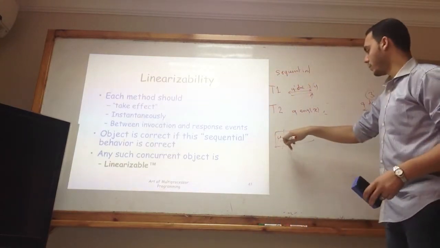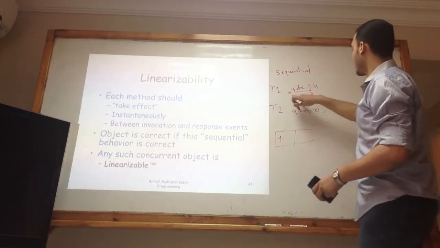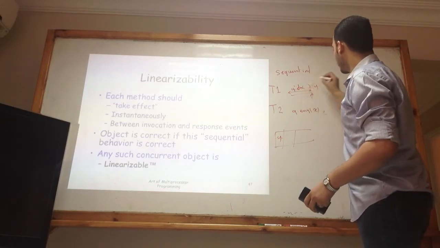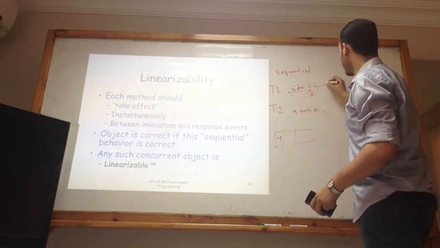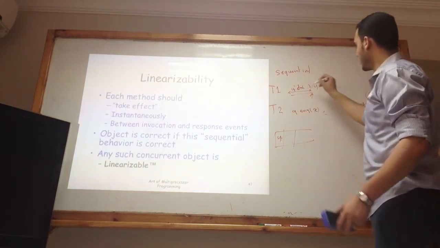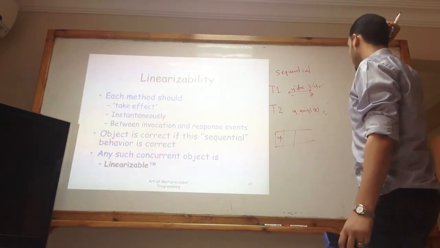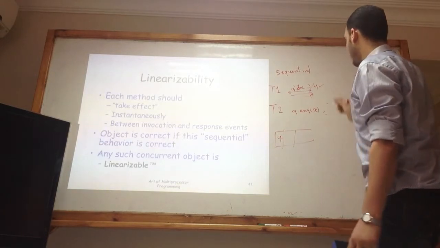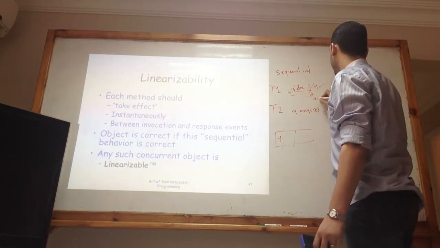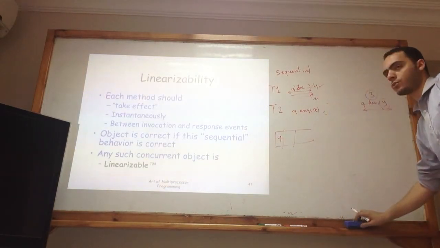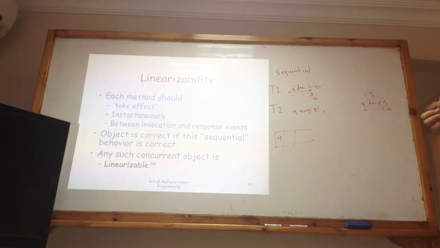The queue has one item at this point. T1 succeeds to get, but still the story is correct. Sorry. Okay.